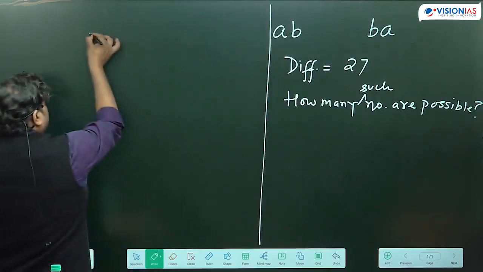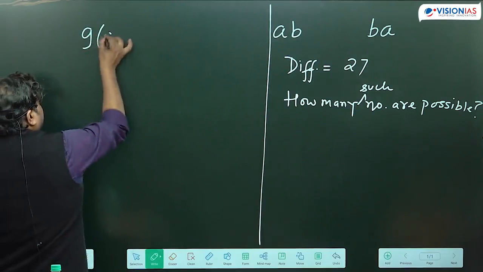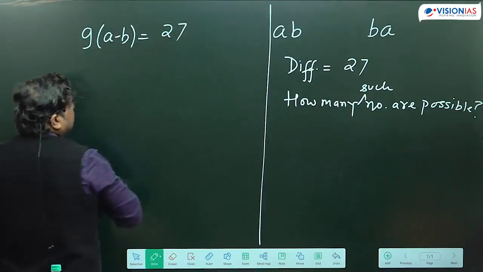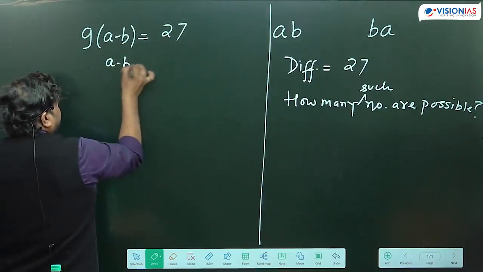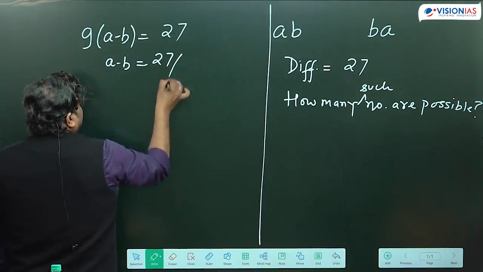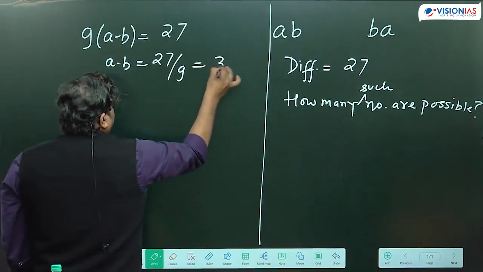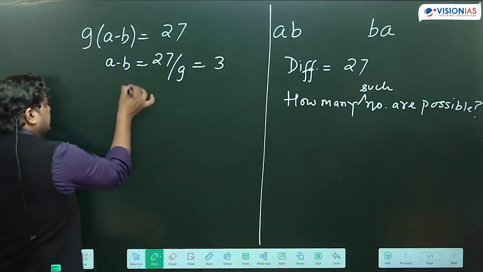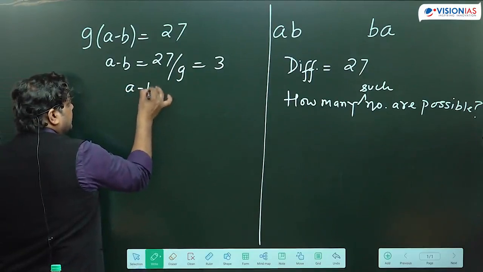We know how we calculate the difference: 9(a minus b). This difference is given as 27, so a minus b is 27 by 9, which is 3. So a minus b is equal to 3.